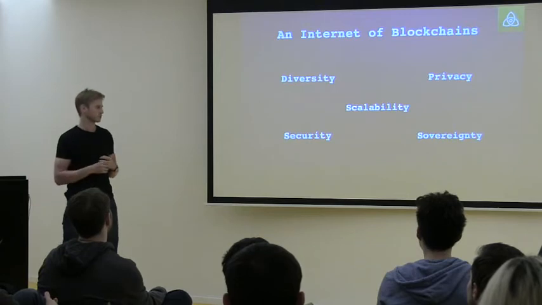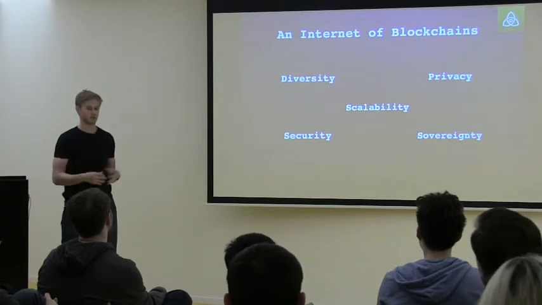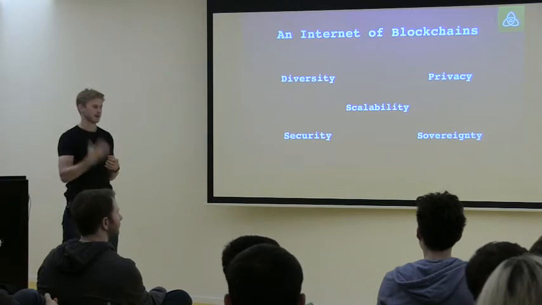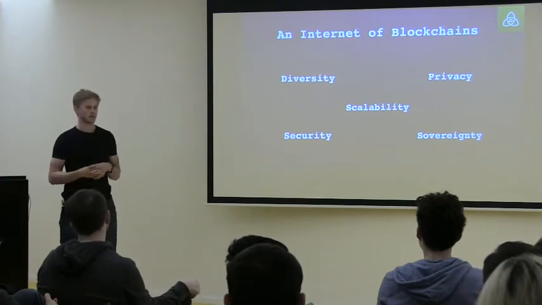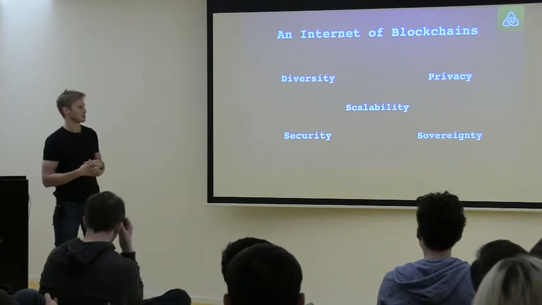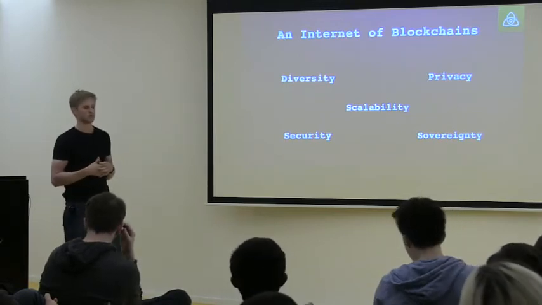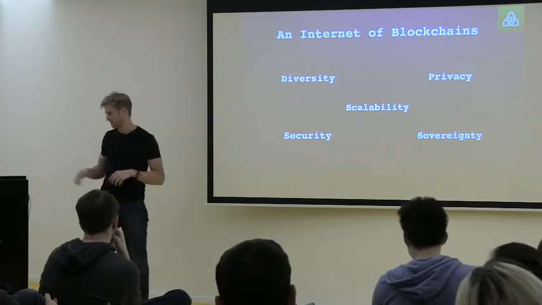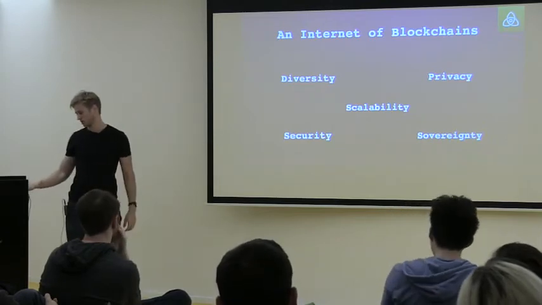Because first of all, you have a bonded proof of stake, right? So you have validators put up security deposits. They get slashed if they do something wrong. So from a game theoretic perspective, this is much more secure than proof of work, or at least it should be. And then I think the last thing is also very important, sovereignty.